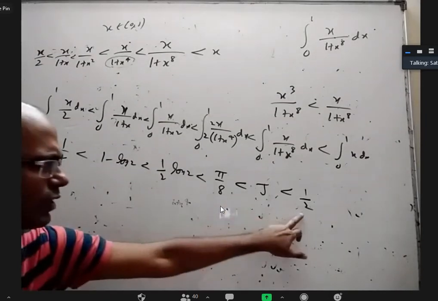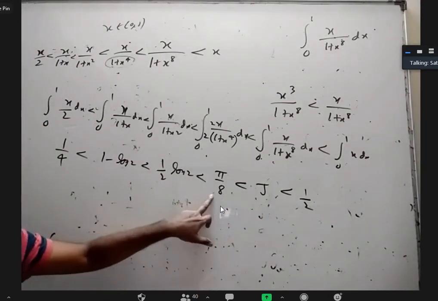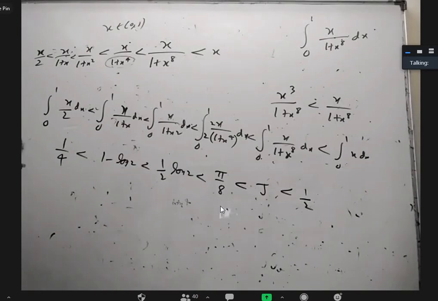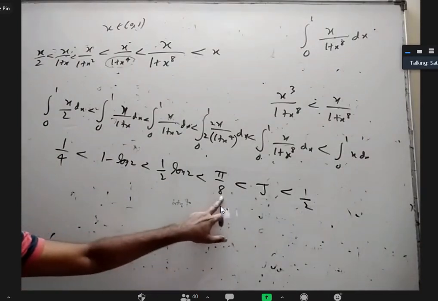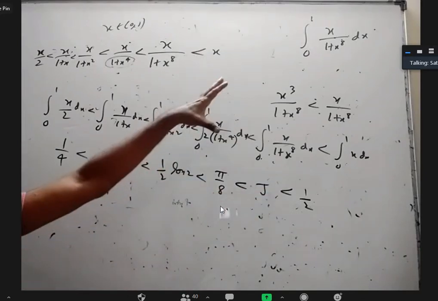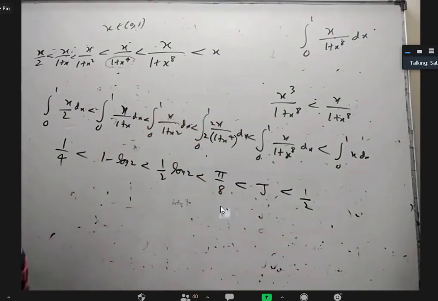Actually, I think this gives a very close picture here. 5 by 8 is roughly how much? 0.39 something. Whatever it is, this is 0.5 and this is 0.39. Even though we are not able to find it, we are able to tell it is between 0.39 and 0.5. It gives some idea, right?